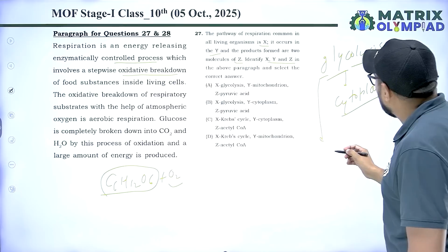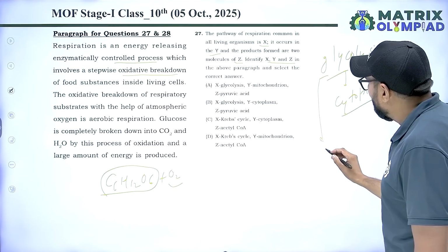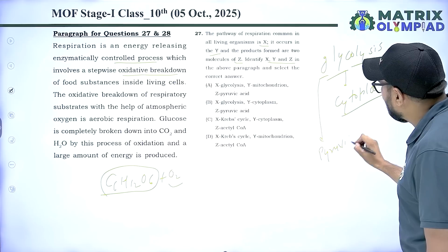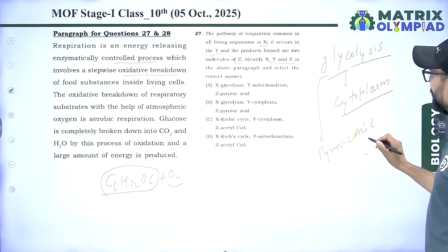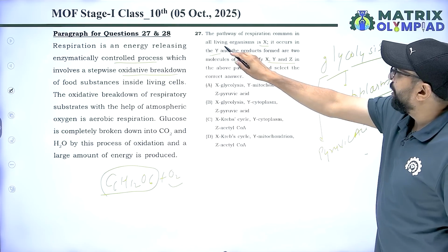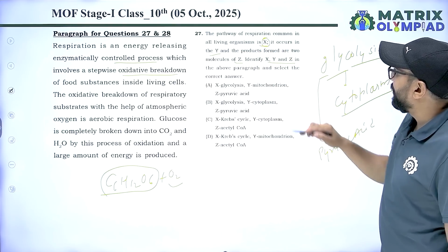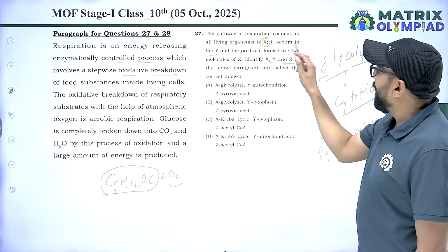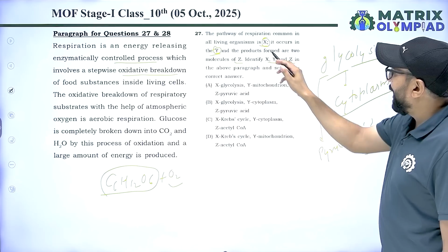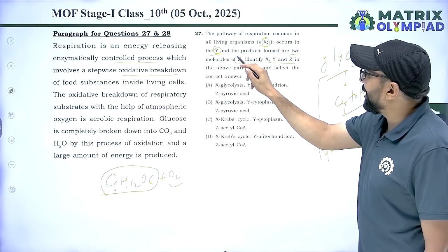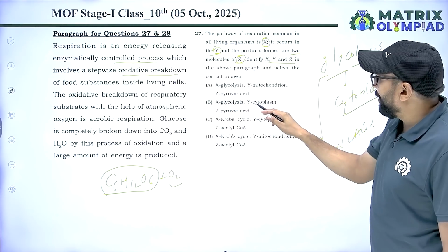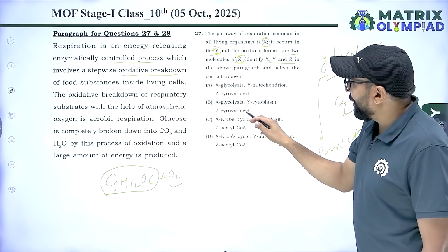Breakdown of glucose in glycolysis in the cytoplasm forms pyruvic acid. So X is glycolysis, Y is cytoplasm and Z is pyruvic acid.